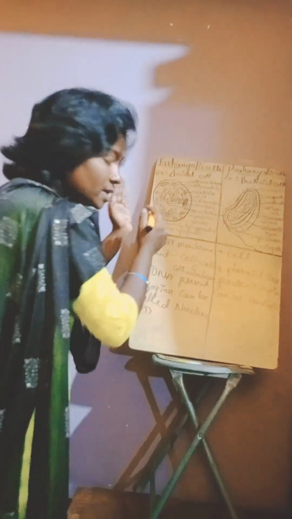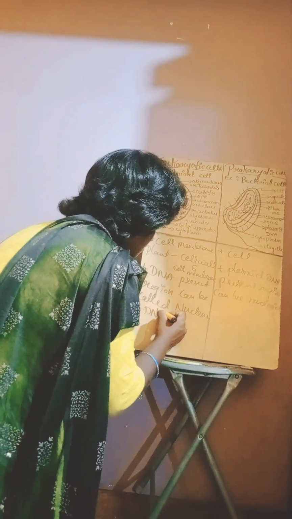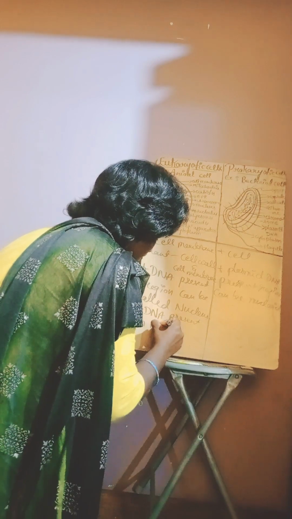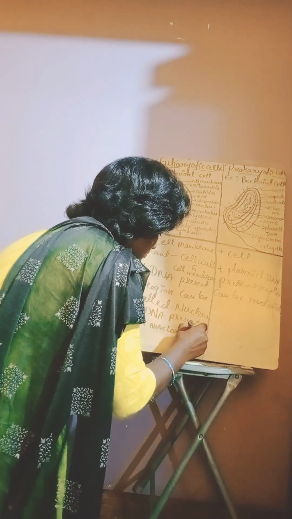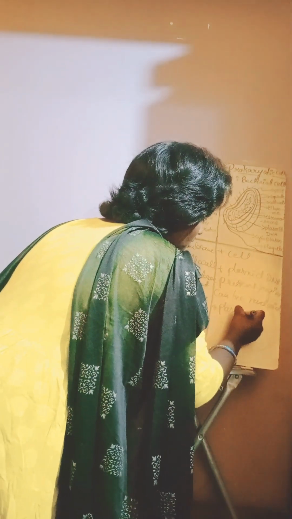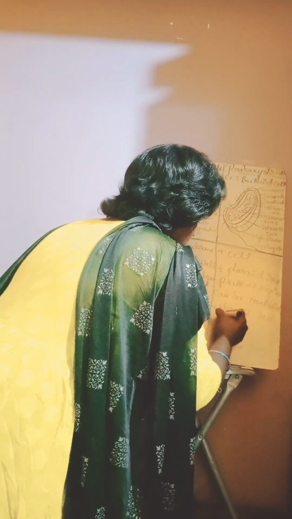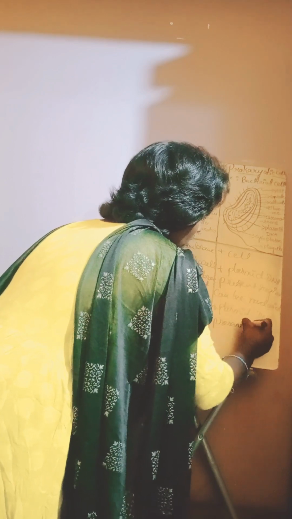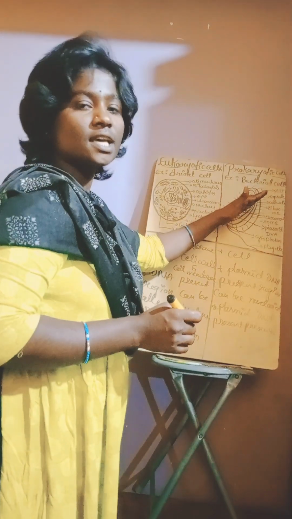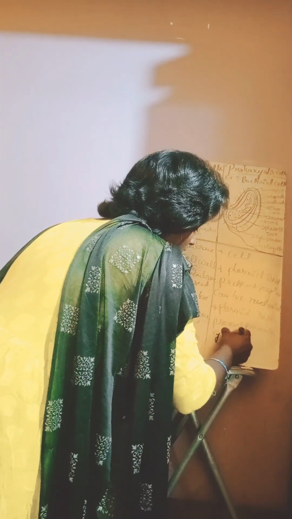And also in eukaryotic cells, the DNA is present in the nucleoplasm. But in case of prokaryotic cells, the plasmid DNA is present in the cytoplasm, because there is no presence of nucleus.